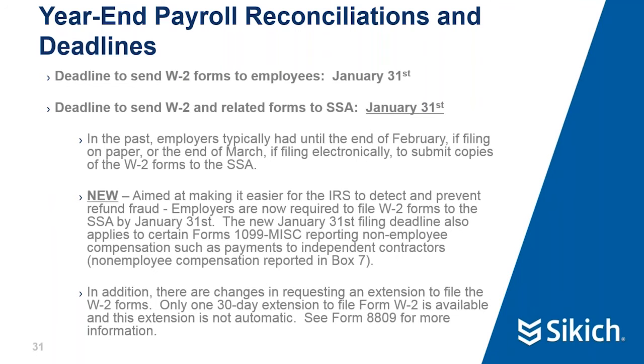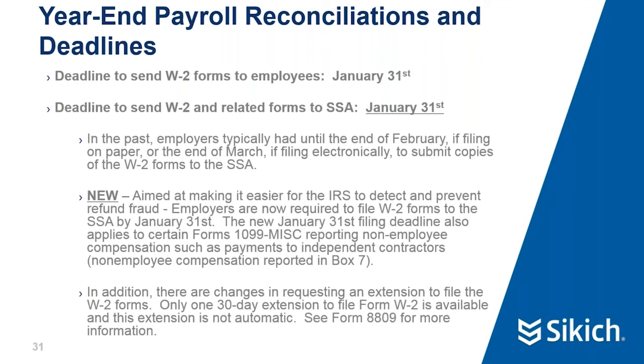Okay, deadlines. This is very important. There is one big change that I wanted to mention today. First of all, your deadline to submit W-2 forms to employees is still January 31st, so that remains the same. However, the big change this year is that W-2 and related forms are due to the Social Security Administration by January 31st as well.